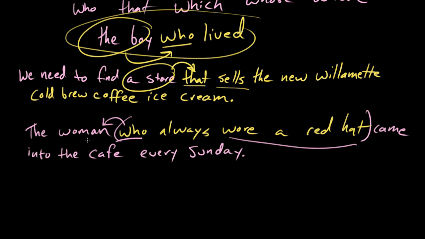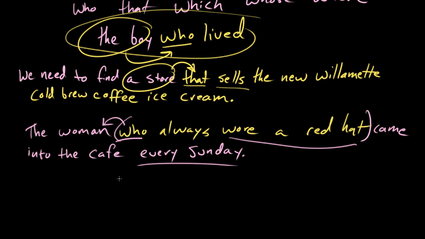The woman came into the cafe. And so everything else, this every Sunday or who always wore a red hat, that is kind of extra. And so it's your job as a writer, reader, and editor of text, as someone who is working with the English language, to puzzle it out and separate a sentence into its components.